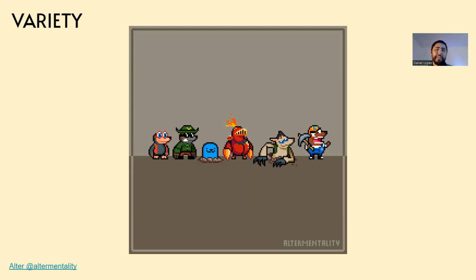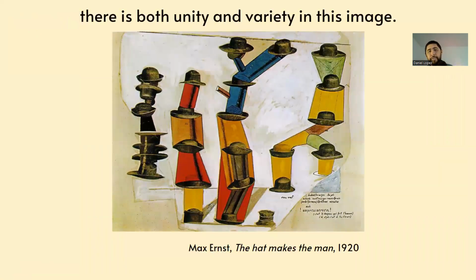You can tell that they're probably not in the same biological family, maybe the same chosen family. But you can see that they're different species, they're different sizes, different modes of transportation, whether that's underground or walking. Unity and variety in this image: the hats are similar, the colors are not.